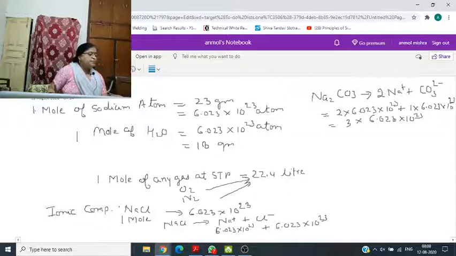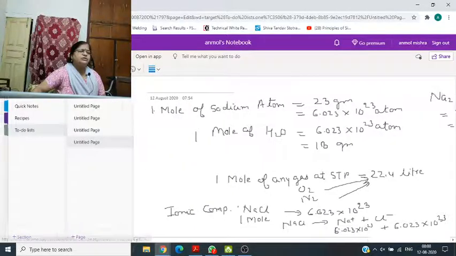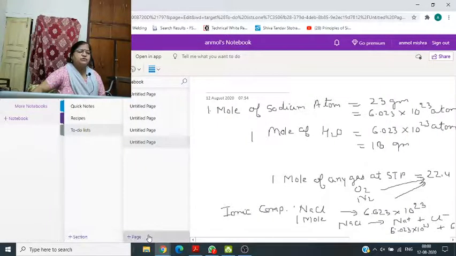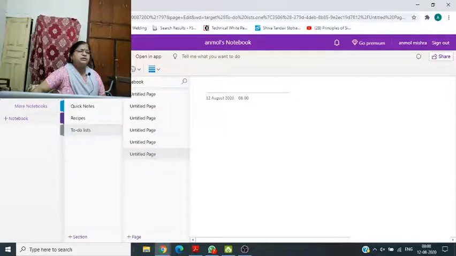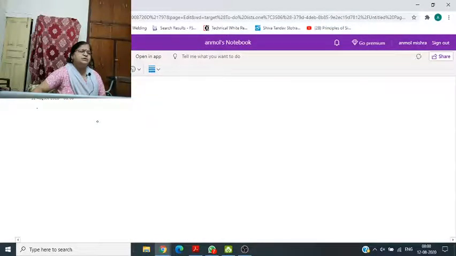Now I will give you some formulas which we can use to calculate the numericals of mole. These are the basic formulas. Now first is mole.